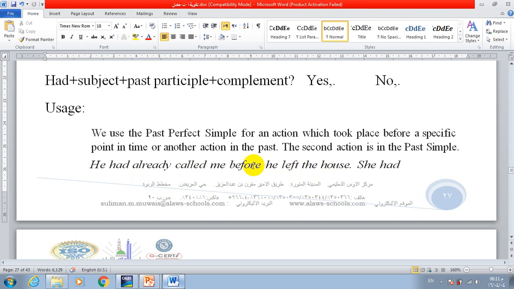Here, the first action is called me and the second is left the house. So we put the first verb in the past perfect simple, had already called, and the second, leave the house, we put in the past simple, or the second form: left, it comes from leave.